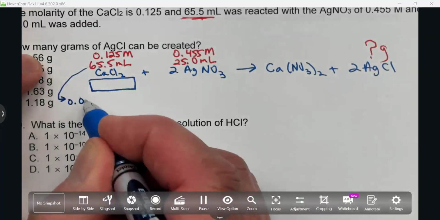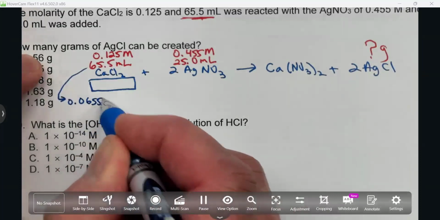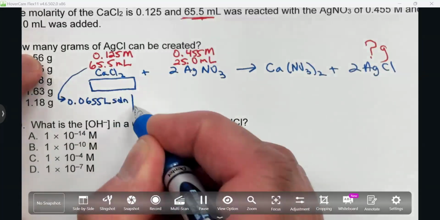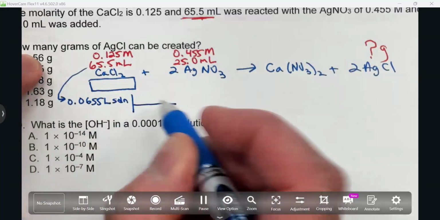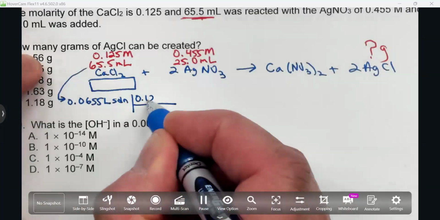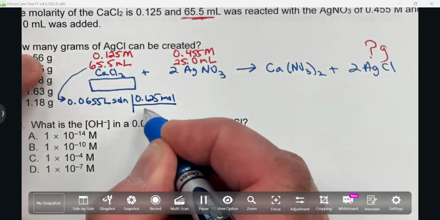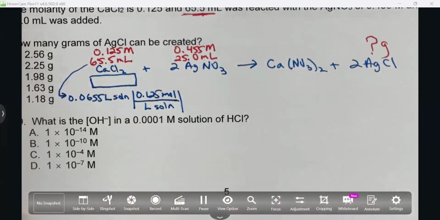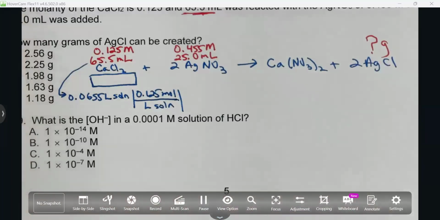Change this to liters, 0.0655 liters of solution. And we're going to multiply that by 0.125 mole per liter. And that's going to get me moles.